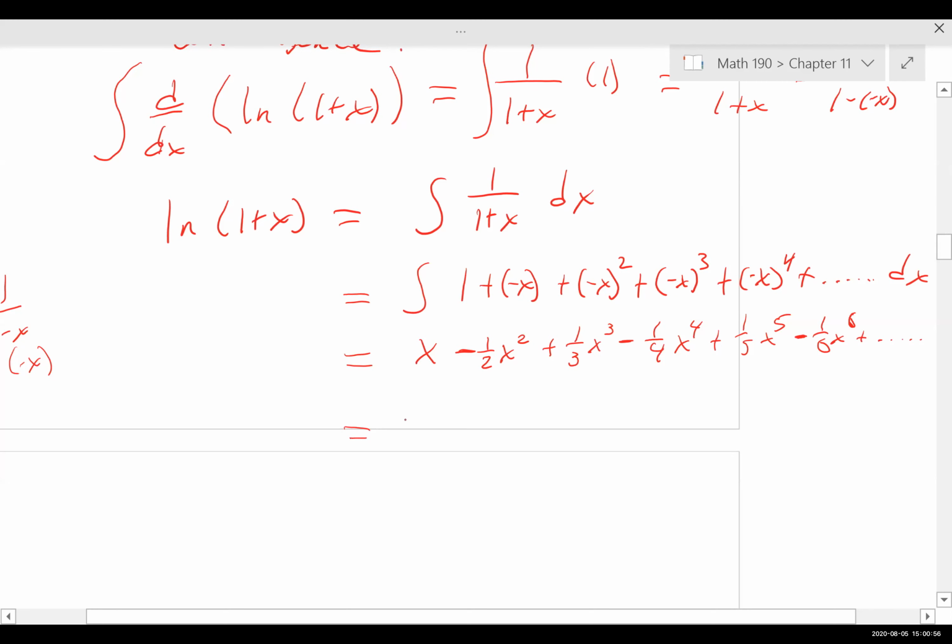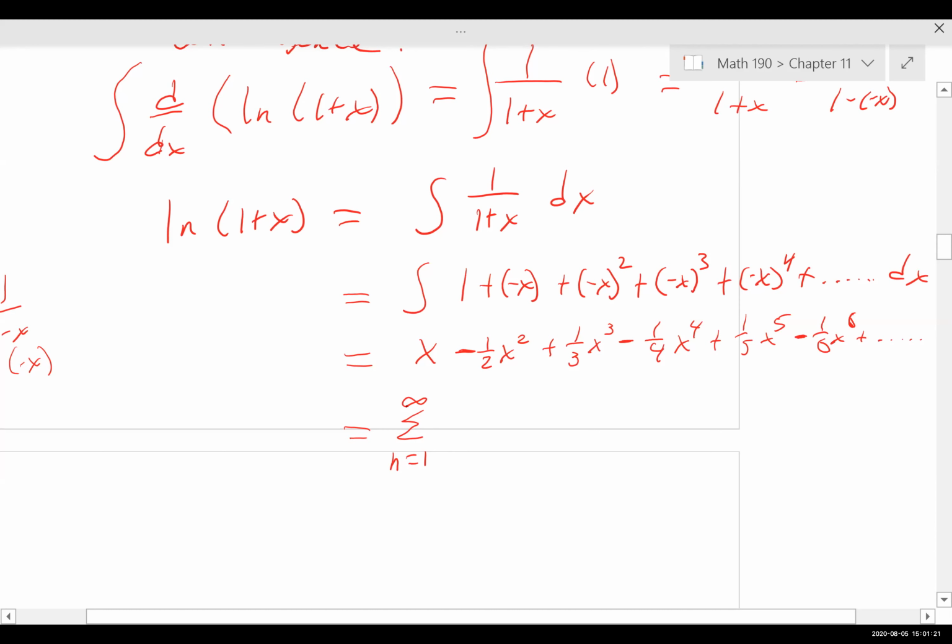Okay, so let's try to write this as a series. Am I going to want to start from 0 or from 1? We don't have a constant term, so we really don't need to start from 0. So this is going to be n equals 1 to infinity. Now I have to ask myself, am I starting with a positive or a negative?